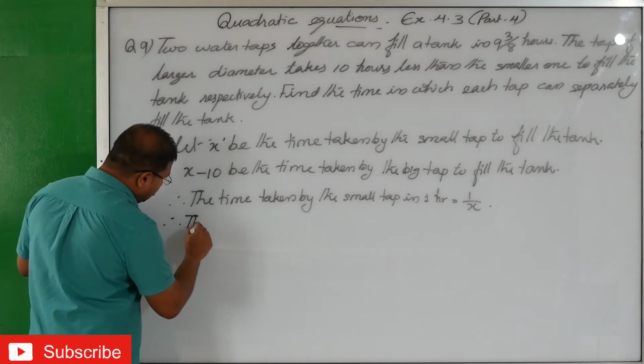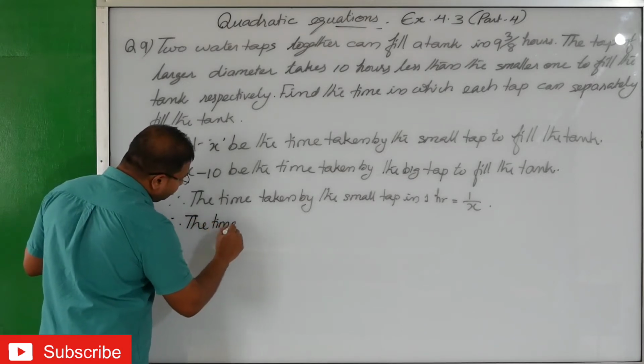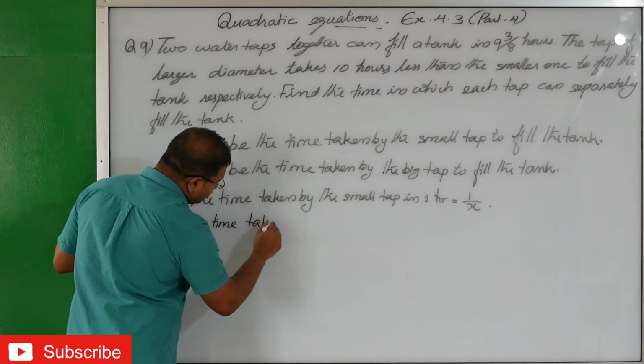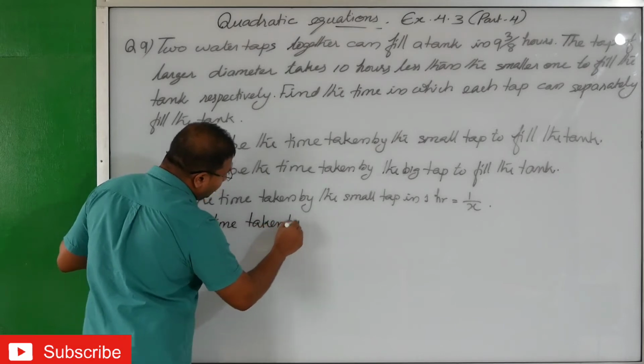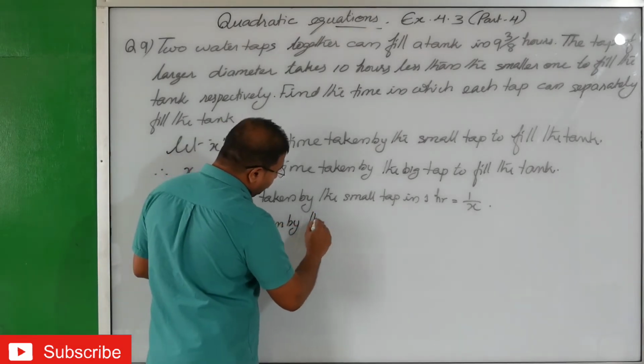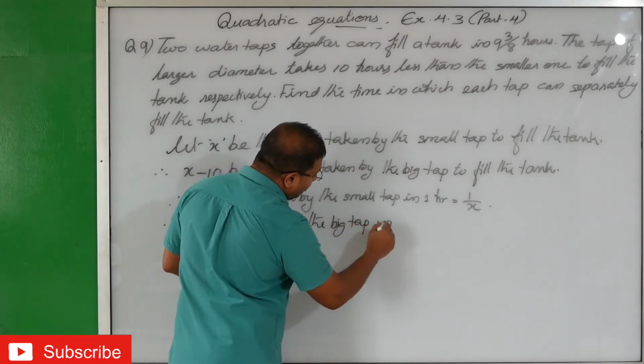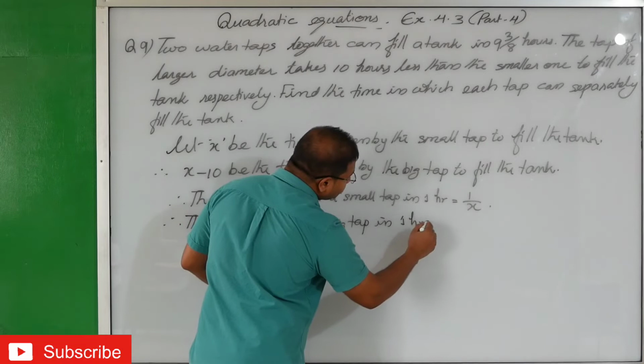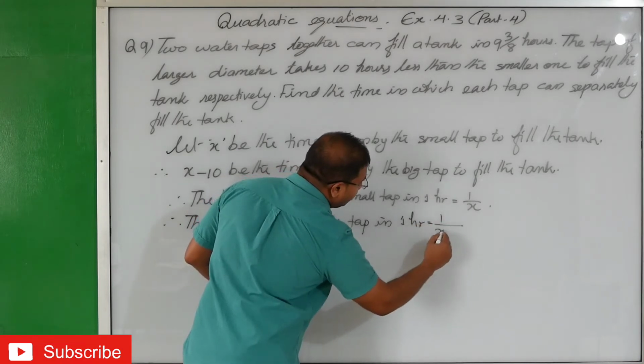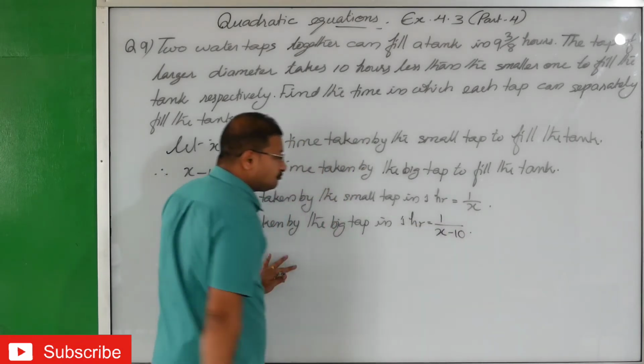Therefore, the time taken by the big tap in 1 hour is 1 by x minus 10.